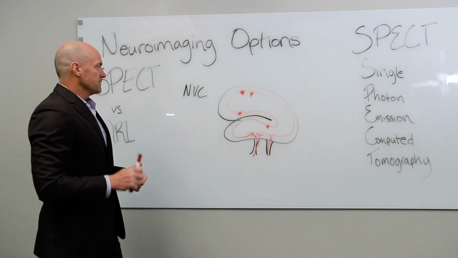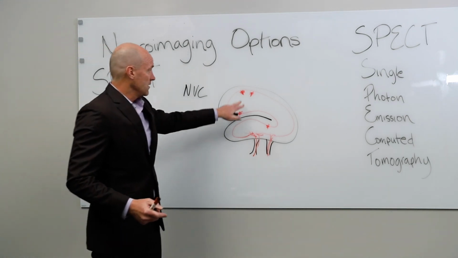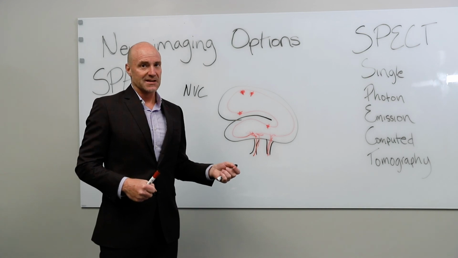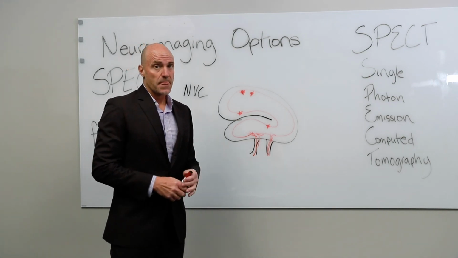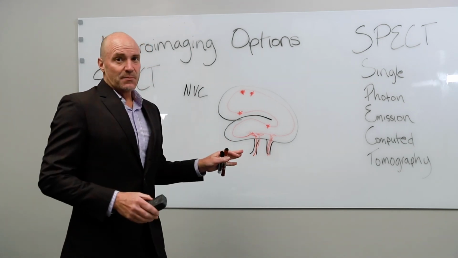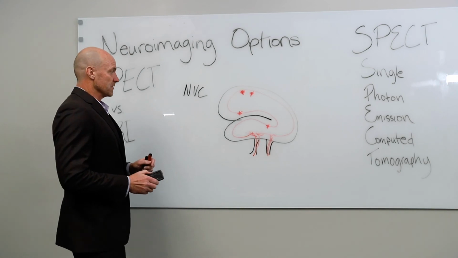And what we're interested in, in concussion assessment and treatment, is how well these little areas are getting the blood supply that they need right when they need it. Now with that as a background, let me start by talking about how the SPECT technology works.